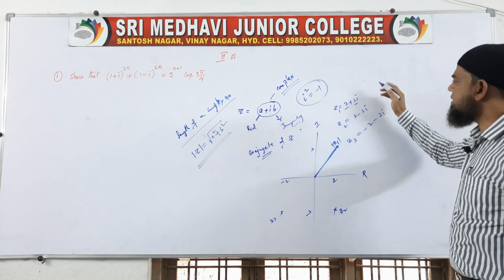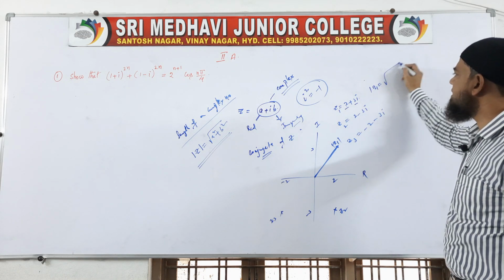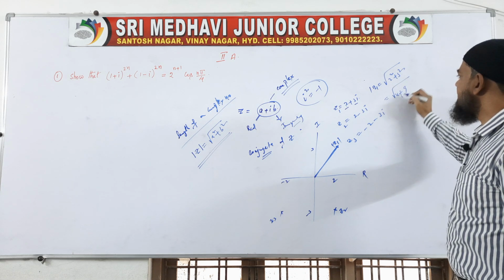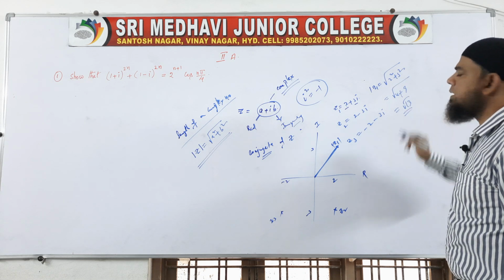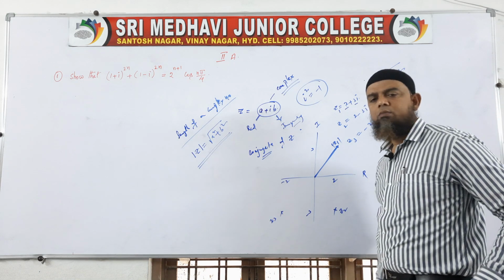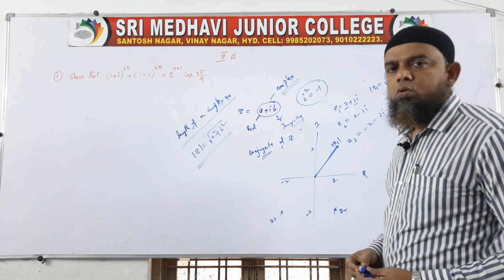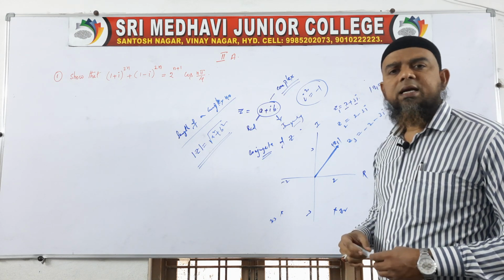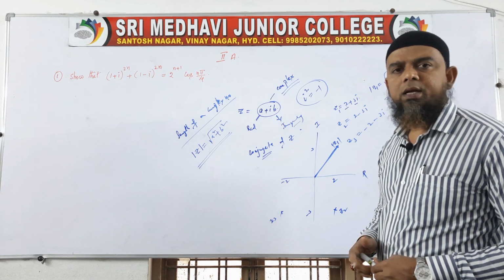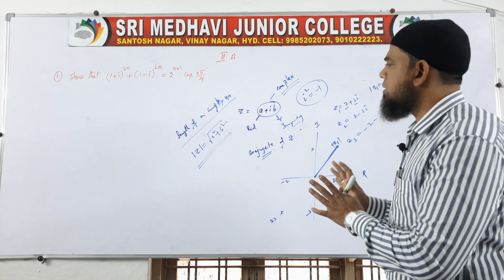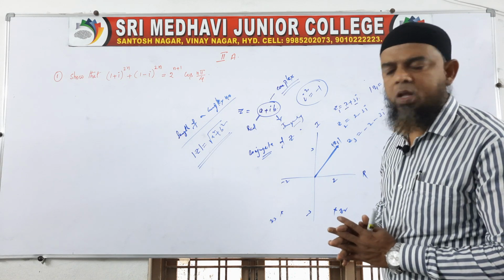If z is equal to 2 plus 3i, mod z1 is equal to under root 2 square plus 3 square, 4 plus 9, that is root 13. Now you know about the Argand plane, how to mark points in it, what mod z is, what the conjugate is, and what the length of a complex number is. This is about a complex number.